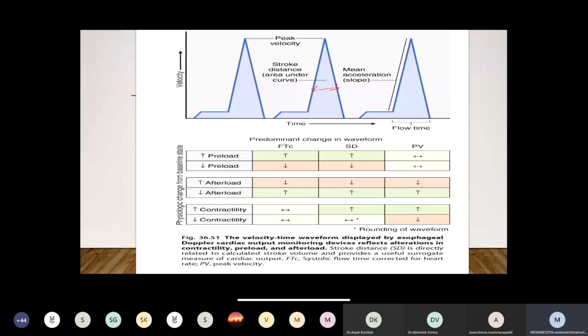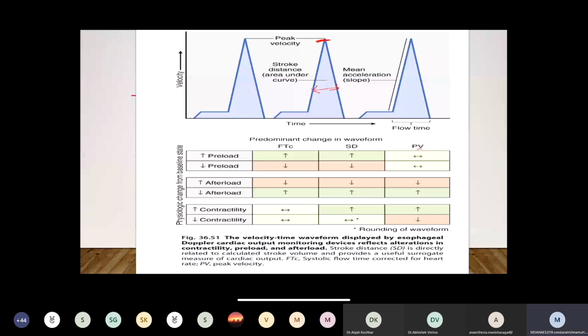When afterload increases, the flow time will decrease, the stroke distance will also decrease, and the peak velocity that can be achieved will also decrease. A decrease in afterload increases the flow time, stroke distance, and peak velocity. Increased contractility increases the stroke distance and also increases the peak velocity. A decrease in contractility will decrease the peak velocity.